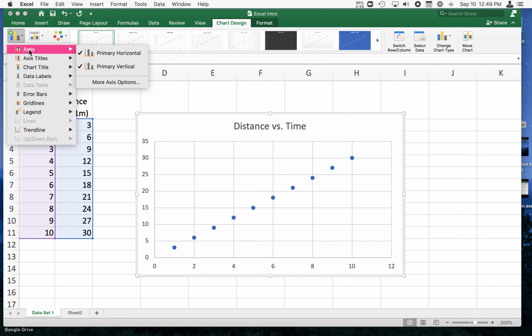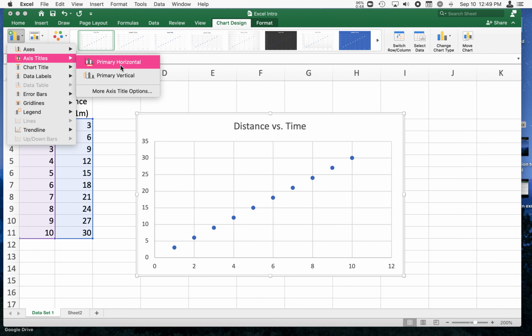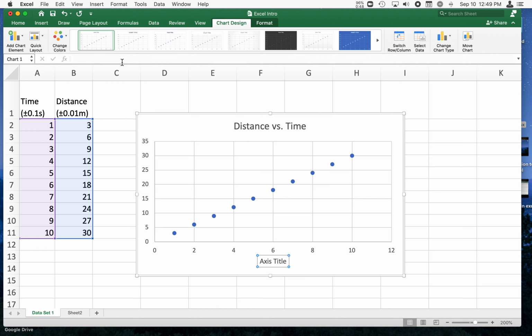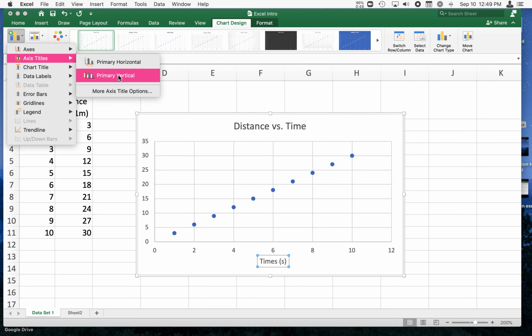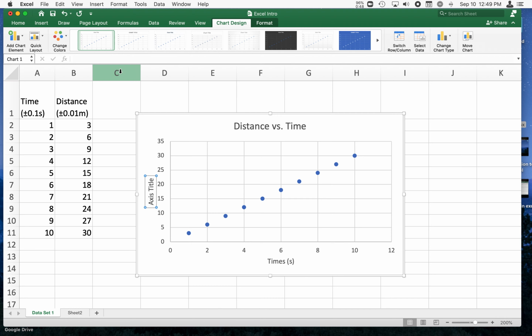So for example, I have axis titles, and I'm going to need a primary horizontal and a primary vertical axis title. So the x-axis is time, and I am going to put the unit in seconds. You don't really need the uncertainty. Then I put axis title primary vertical, and that is going to be distance.